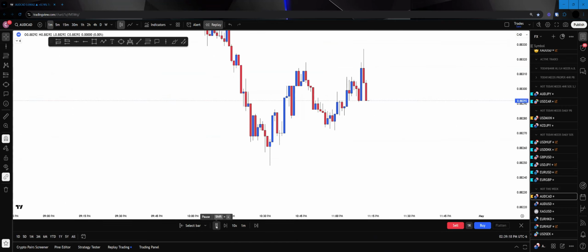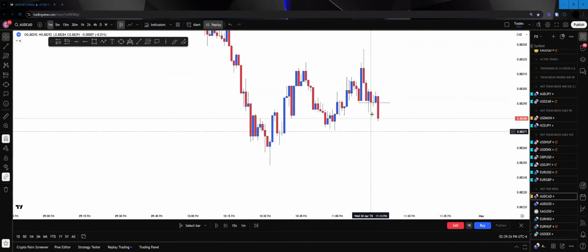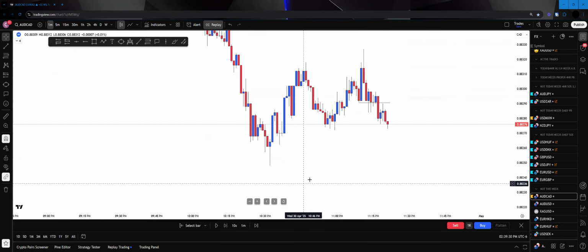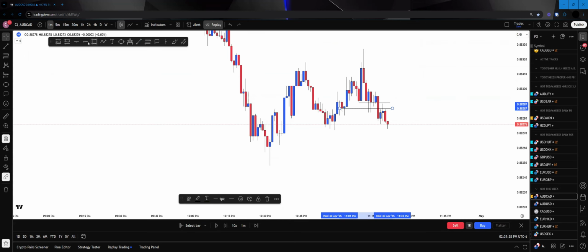Okay, it went bullish. It went bearish. All right, here we have an accumulation right here. We also have one right here too. So we would take that engulfing right there, off this base right here.